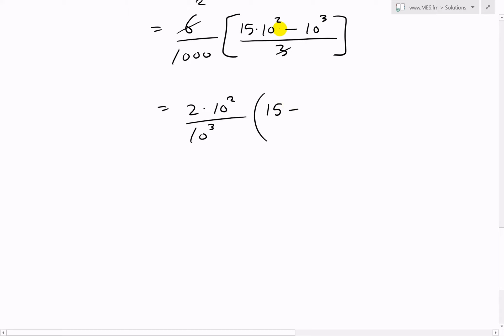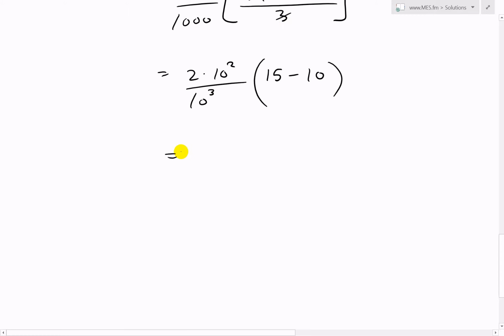So now here we factored out the 10 squared. Take it out of this. We're just left with the 10 to the power of 1, and the 3's are gone. So what we end up having is like this. This cancels. We're just left with a 10 like that. So 2 over 10, and then we have this is a 5, which equals 2 times 5, which is 10 over 10, which equals 1.